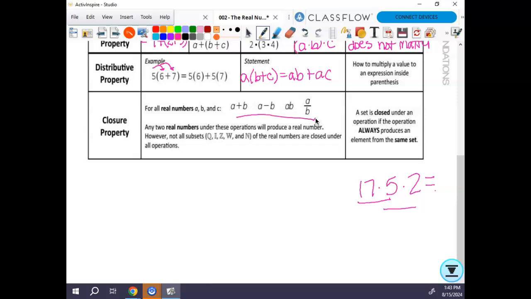What it's saying is you're closed if the operation always produces an element of the same set. So if I have two irrational numbers and I add them together, I'm always going to get another irrational number. But if I have two whole numbers and I subtract them, I might not get a whole number, I might get an integer or something like that. That's what that means. Again, I'm not going to quiz you on it, just math words and that property.